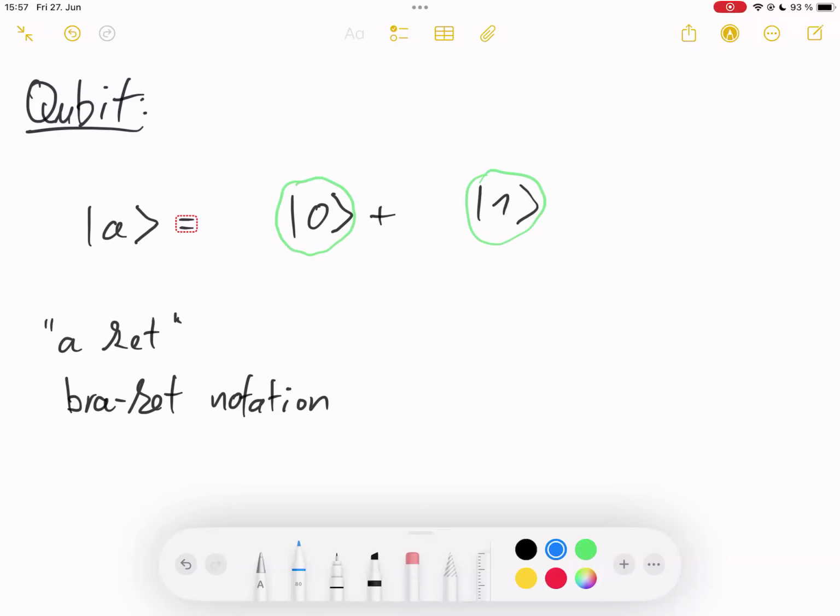And what we need for this are so-called complex probability amplitudes. With 0, we often denote this as an alpha and a beta for the 1. And in blue, I'll just write down what they are called. These are so-called complex probability amplitudes.